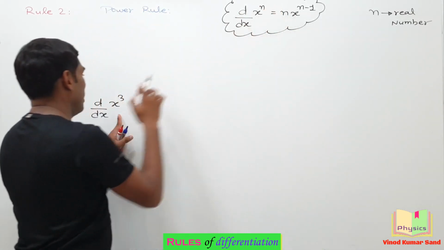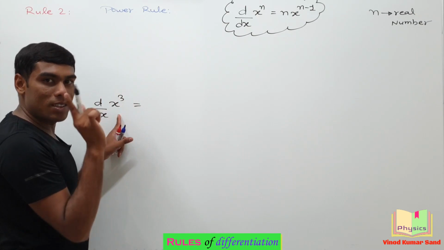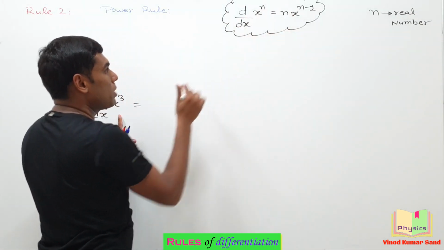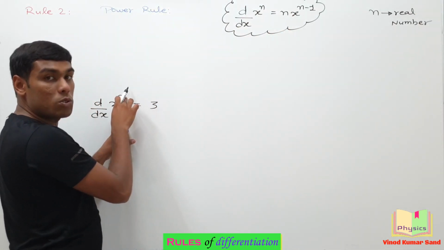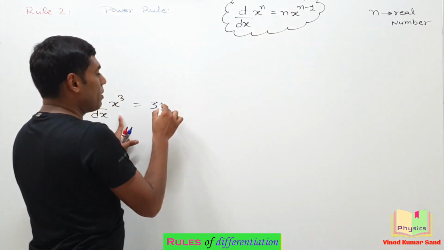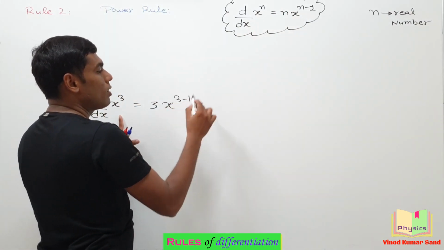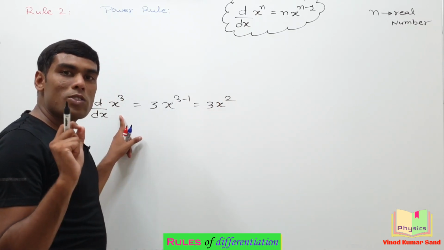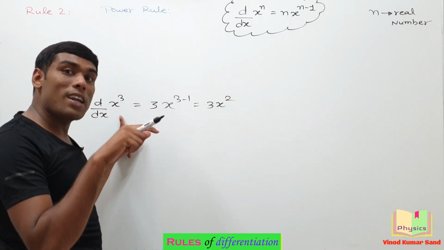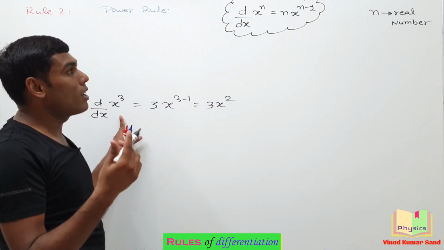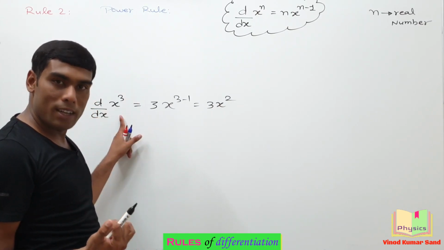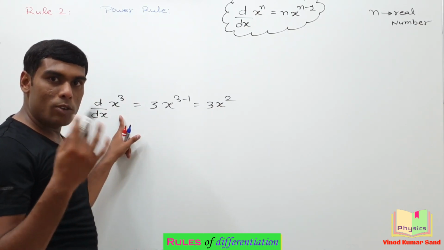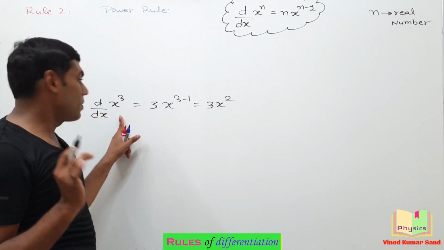X to power n means x to power 3. 3 is a real number. Then answer should be n. N is equal to 3. Then x to power 3 minus 1, which is equal to 3x square. It means whatever questions we have done earlier, they all can be done using the rules of the differentiation. It will make your calculations quick.